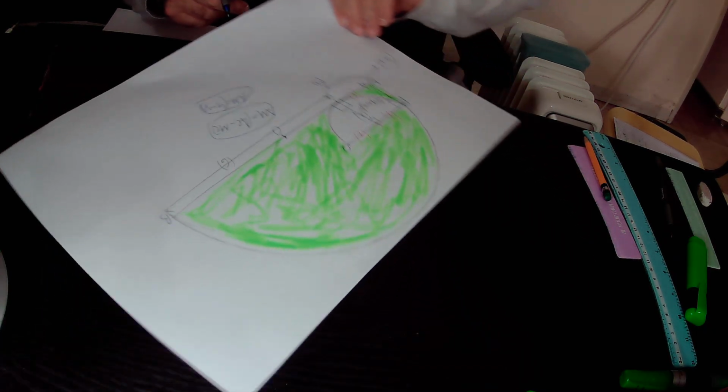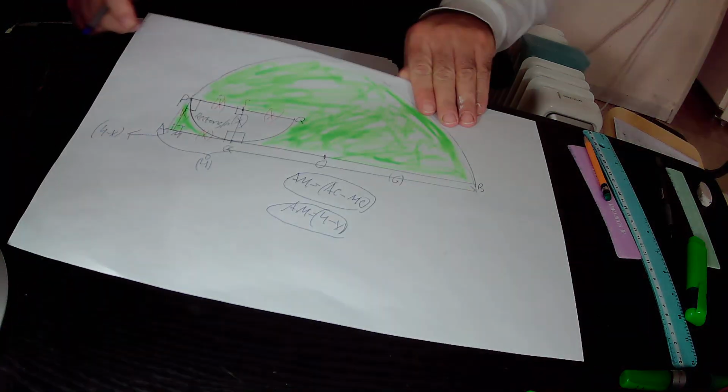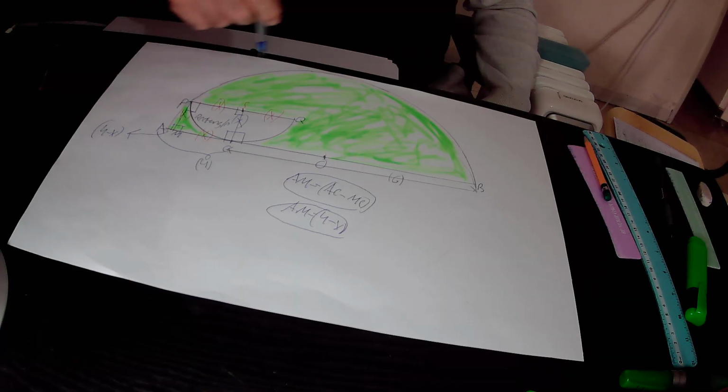In the next step, we will do a construction. That is to say, we will complete this big semicircle to a circle.